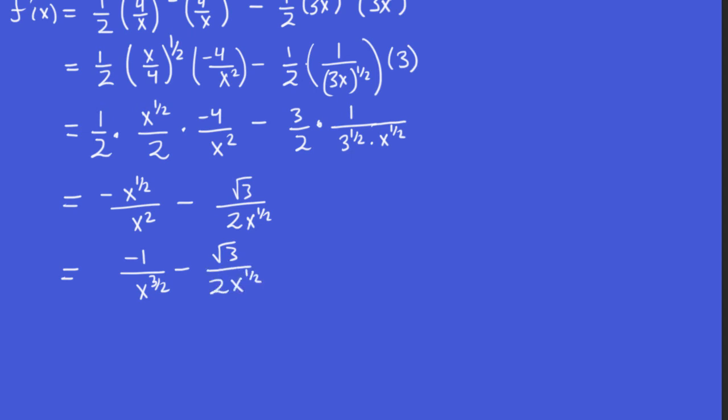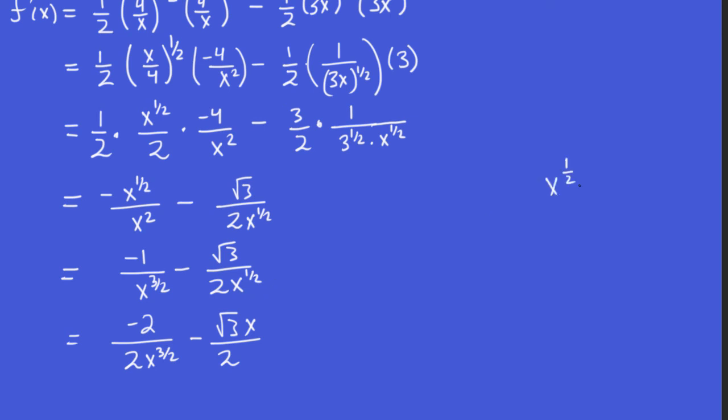Now, just like whenever we have a fraction problem where 2 fractions are being subtracted, we need to get a common denominator. Why don't we multiply top and bottom of this one by 2? So we'll get negative 2 over 2x to the 3 halves. And this one I'm going to multiply top and bottom by x. So we'll get root 3 times x. And 2x to the half times x.